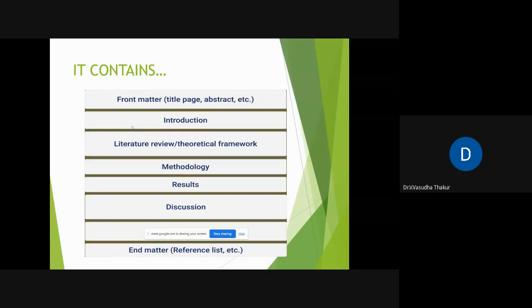And that order is what I'm going to project to you all. Number one being front matter. Now, what is front matter? It consists of title page, abstract, etc. And then followed by introduction. Now, what is introduction? Introduction of the study, introduction of the research work that one is carrying. Then you have literature review.